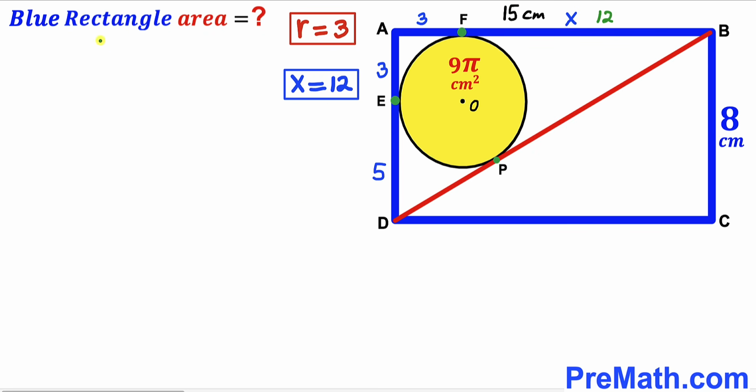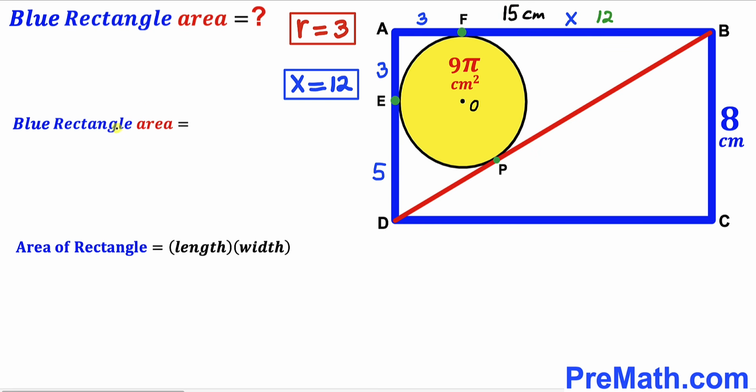And here's our final step. Now we are going to calculate the area of this blue rectangle ABCD. And now let's recall the area of a rectangle formula. Area is always equal to length times the width of the rectangle. And in our case, our length is 15 centimeter and our width is 8.